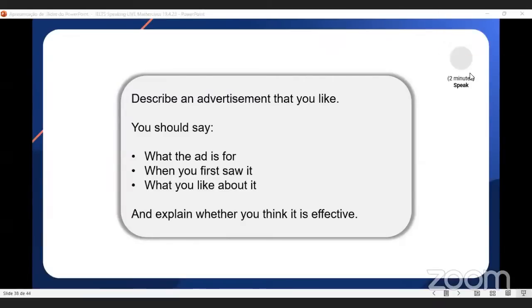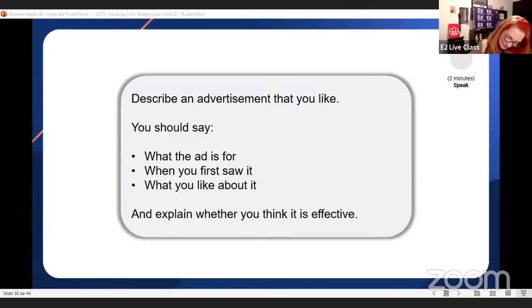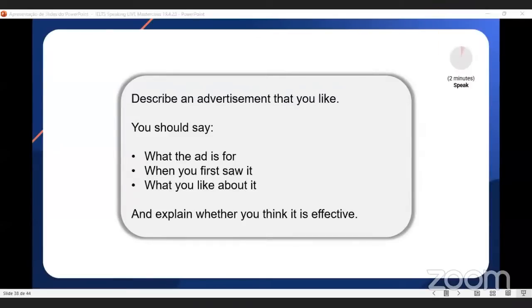I don't really like advertisements because I think that sometimes they are tricky for people. So I prefer not to see them. However, advertisements that I could appreciate are advertisements for traveling. I love traveling, so I think it is important to be well informed before traveling to different places.